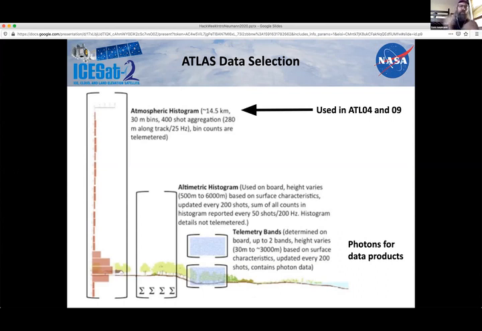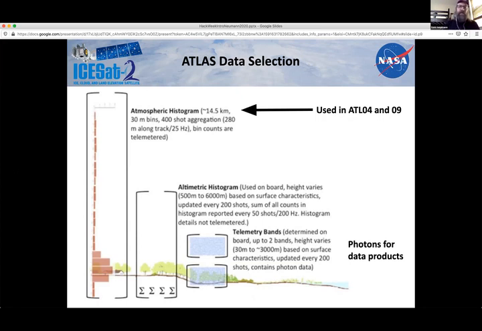Now, when this system works well, you get a single telemetry band that contains the surface and some buffer of photons around that surface. When this system doesn't work well, instead of getting the surface, we can get the top of a cloud, for example. If you're over the middle of the tropics with a large storm system, none of that laser light is getting through to the ground and back again.